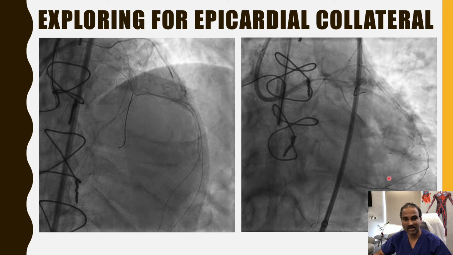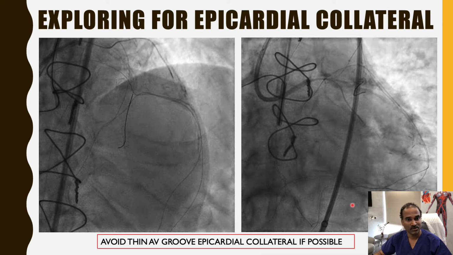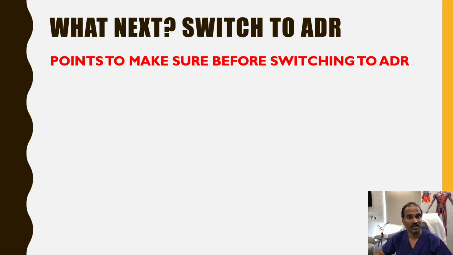It is there, but it's very thin and doesn't look like an interventional collateral. So always avoid thin AV groove epicardial collaterals in post-CABG patients, because any perforation can lead to catastrophic consequences, as the patient may go into a very localized tamponade in the posterior AV groove. It can cause LA tamponade. That's the reason we shifted to ADR.